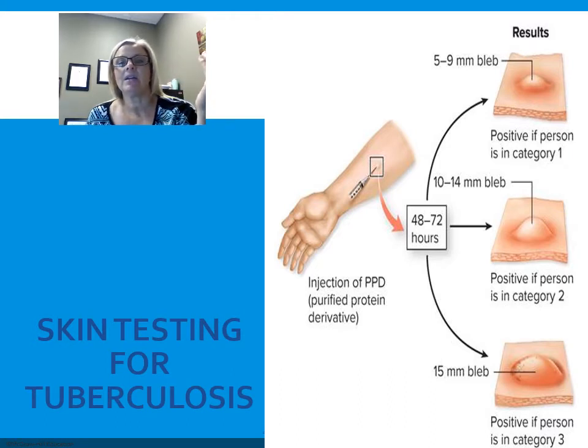If the area is 5 to 9 millimeters, then it is positive, okay? If it is 10 to 14 millimeters, the person is positive and rated category 2. If it is 15 millimeters or greater, the person is positive and in category 3. And the surrounding red area here is not measured, just the size of the raised area.